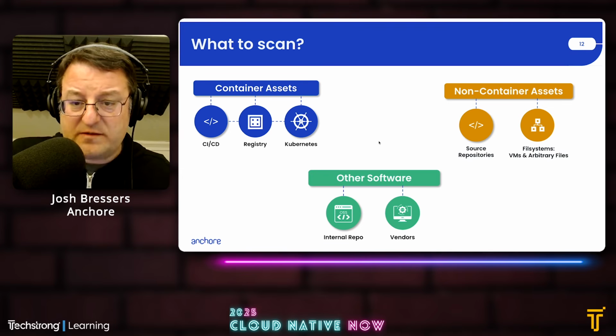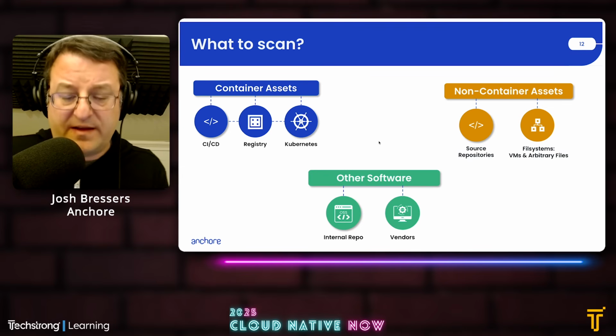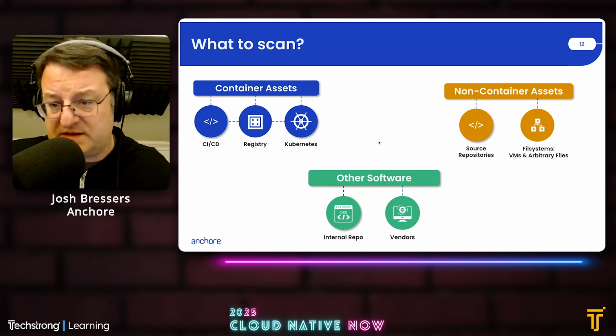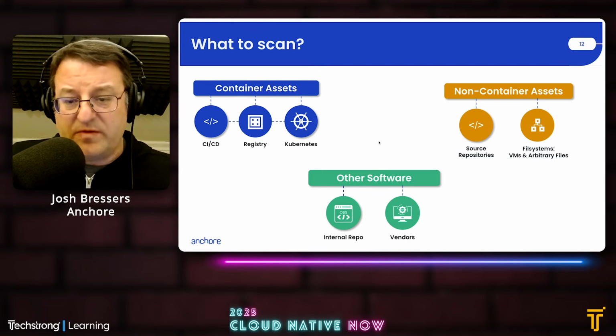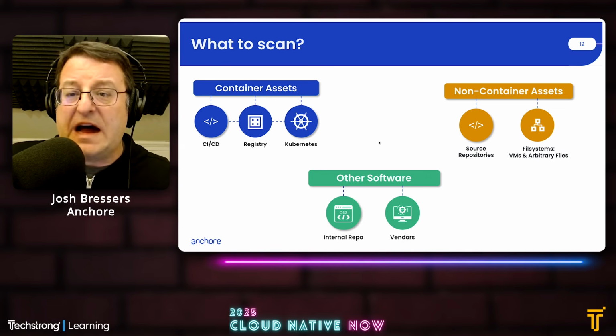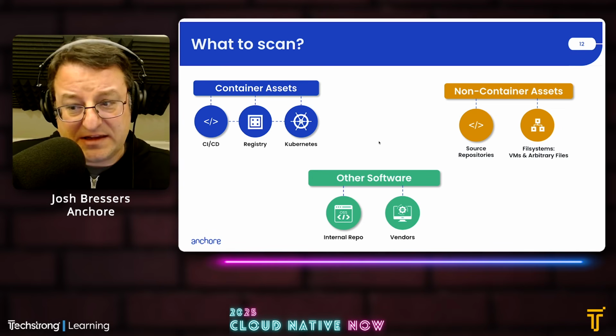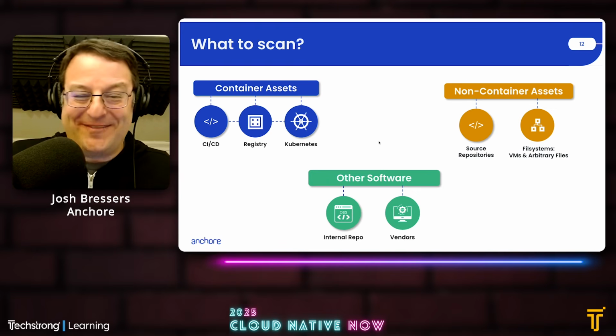There are people at OWASP. There are groups all over the place trying to help everyone understand this. And I'm sure as we see things like the CRA come into force more, you're going to see even more guidance and even more written about these topics. So it's an interesting concept that is not simple yet. It's getting there. It's getting better. Although maybe it'll get worse as everyone writes an SBOM tool.